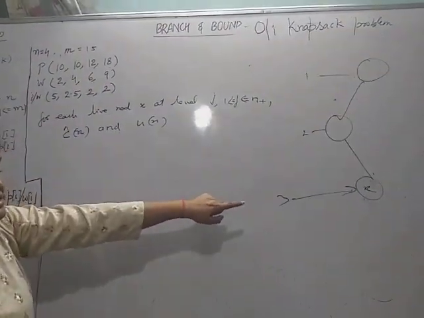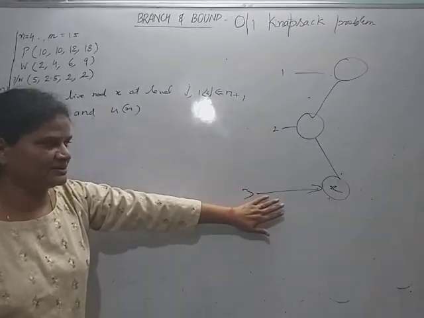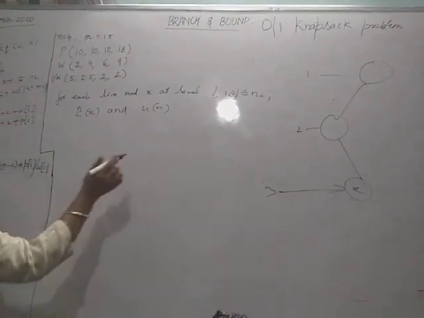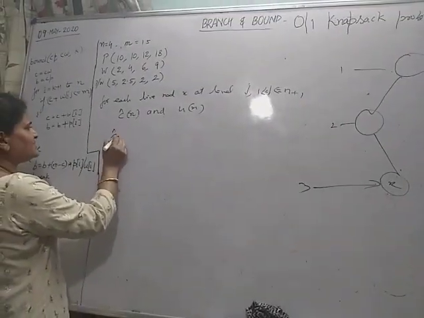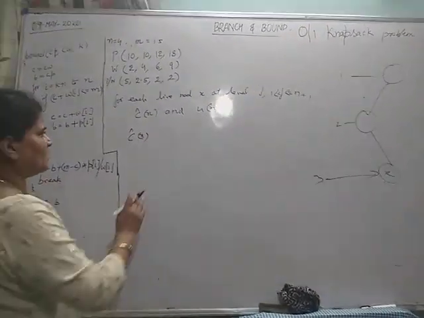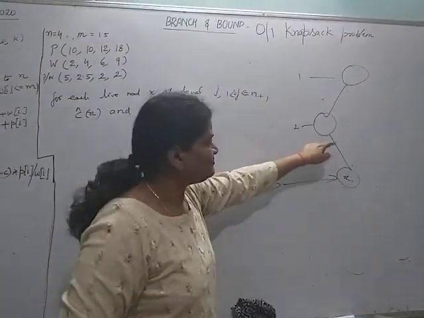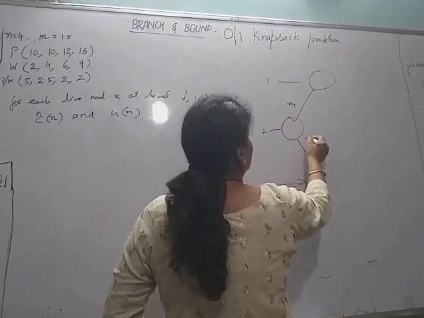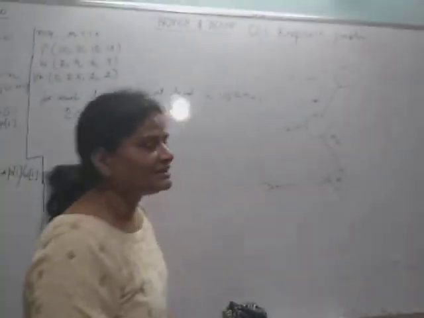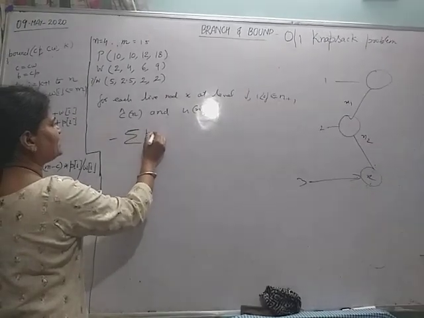Suppose at this level I want to compute Cx and Ux. What will be the Cx? Cx will be given by this bound function where fractions are allowed. In both cases, the decisions for x1 and x2 have already been taken, like x1 is equal to 1. So at this point the cost is minus pi xi.